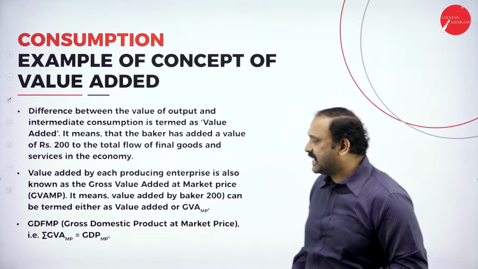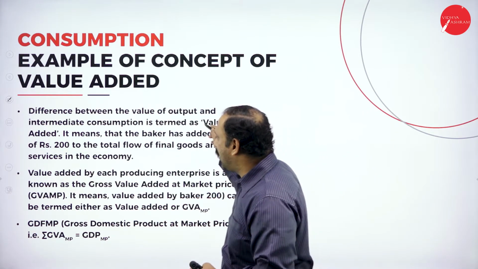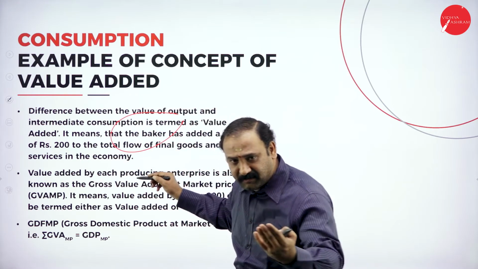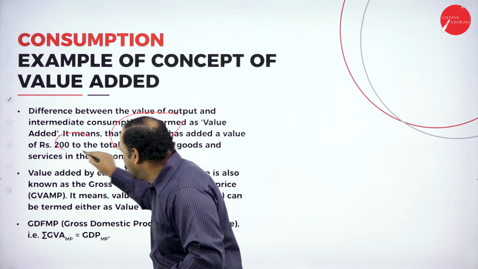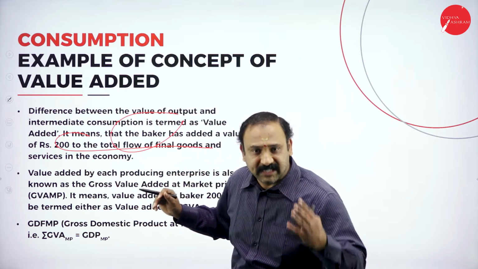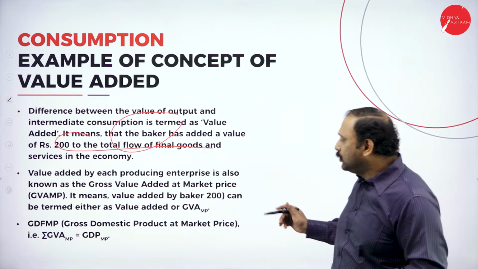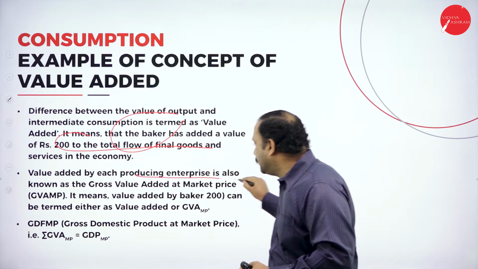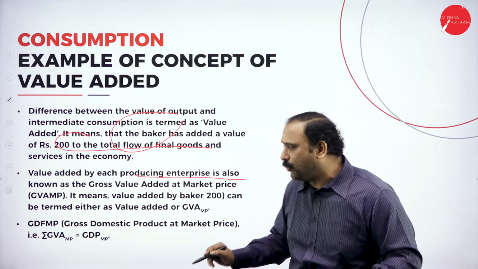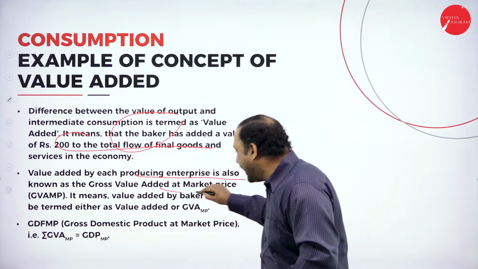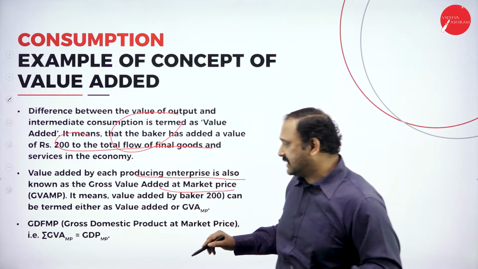Now, the next thing is that the difference between the value of output and intermediate consumption, as we were talking about, is the value of that 200 to the total flow of the final goods. That is what we are looking at in terms of the service value. Now, value added by each producing enterprise is also known as gross value added at market price. Let's understand this.